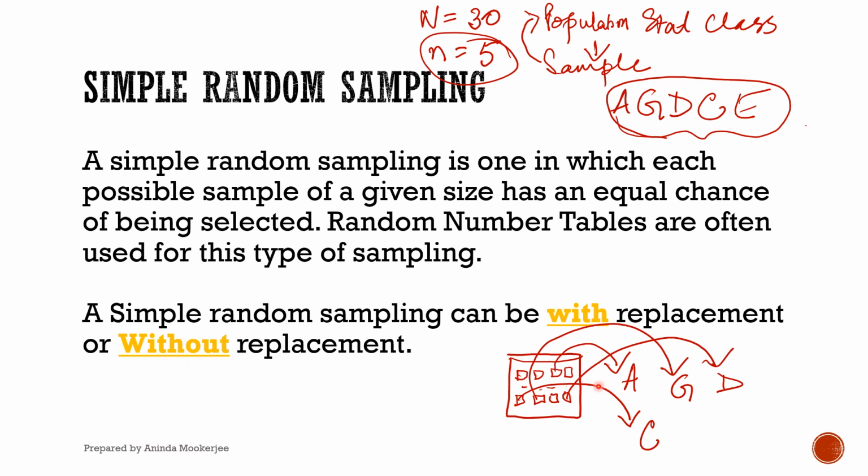So that person does not have a chance of getting selected again. Right, that's what without replacement means. Once a name has been selected, there's no chance of that name getting picked again or that item getting picked again.